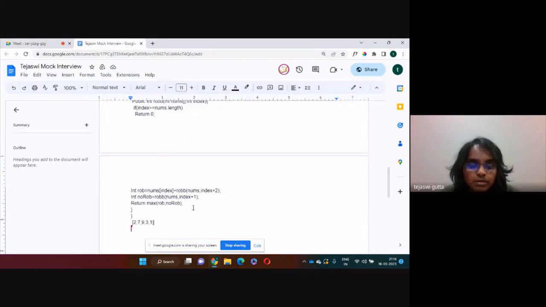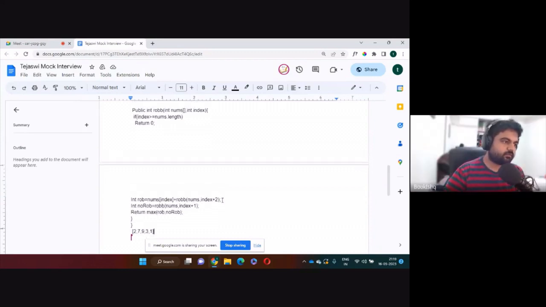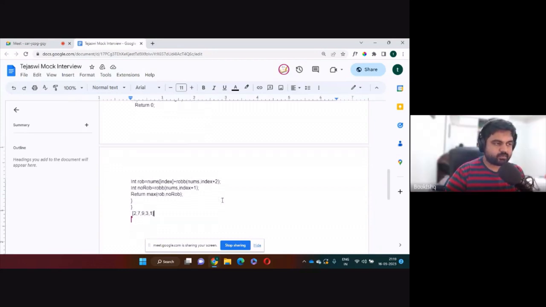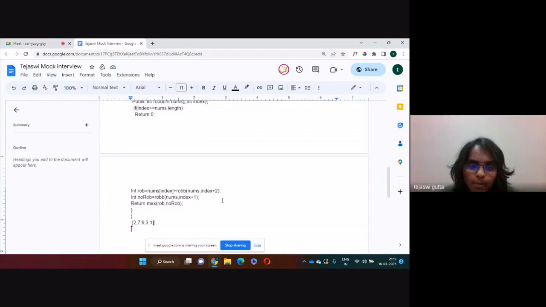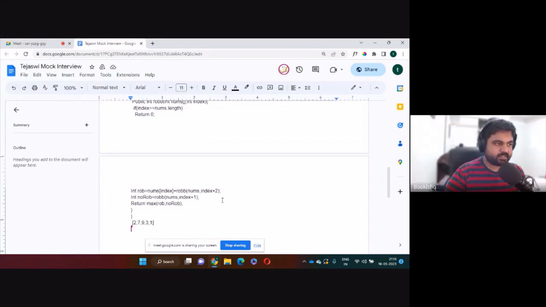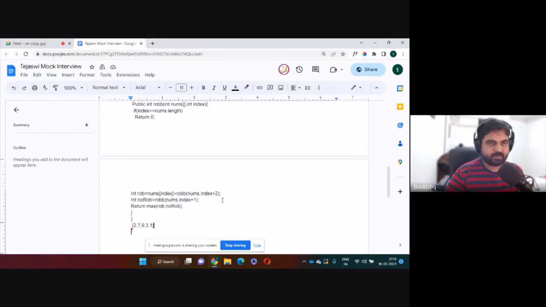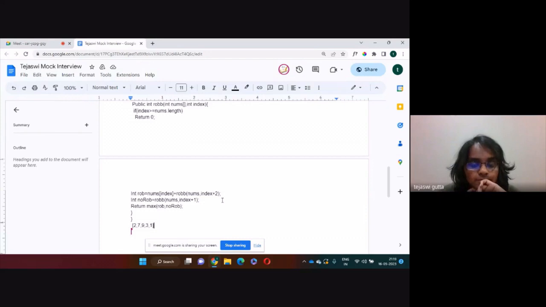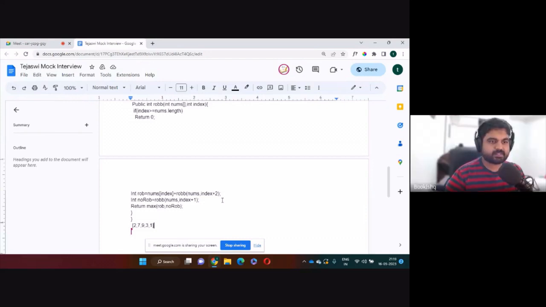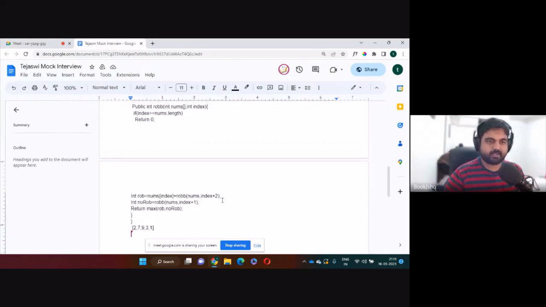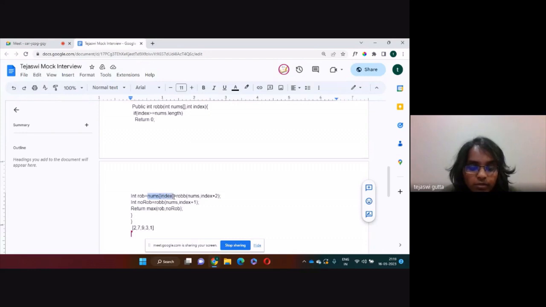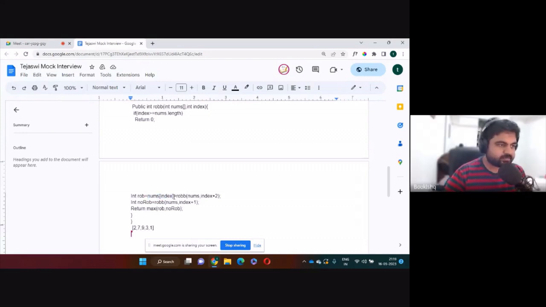Parth, do you think this would work? Where are you storing the value basically? You are returning at every single position the maximum value you can achieve, but the maximum value is going to be the sum of all the paths that you choose. Nums of index plus rob.